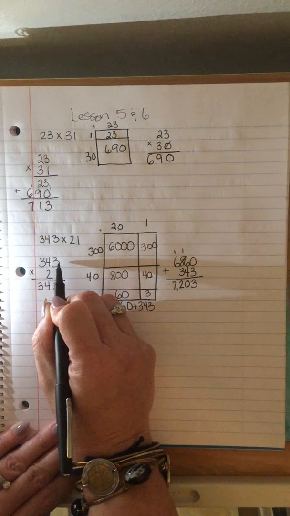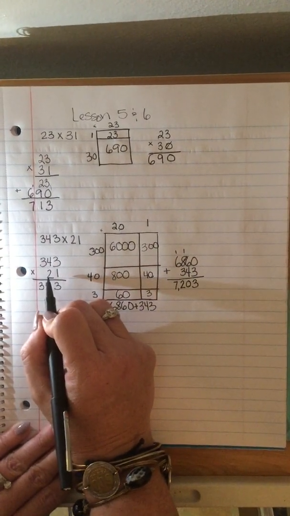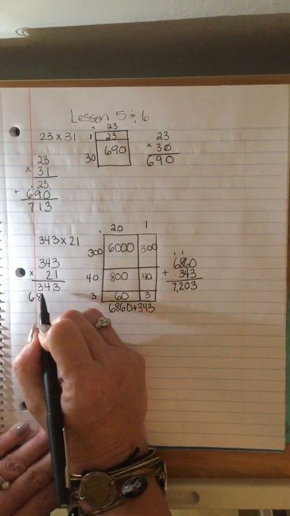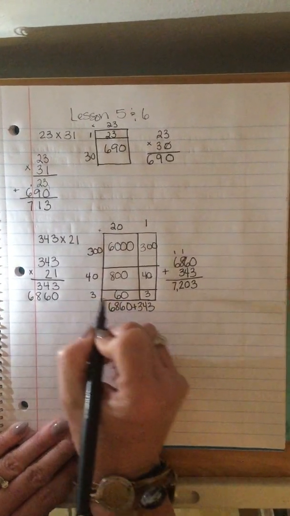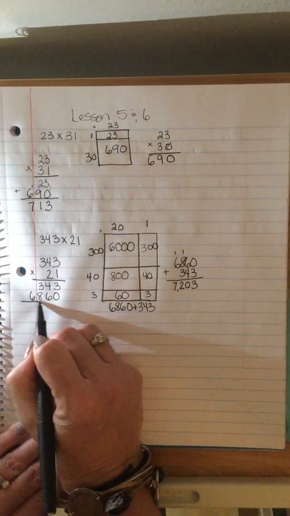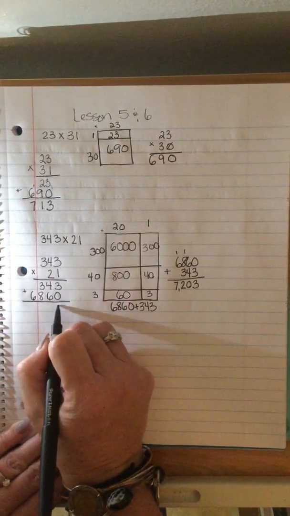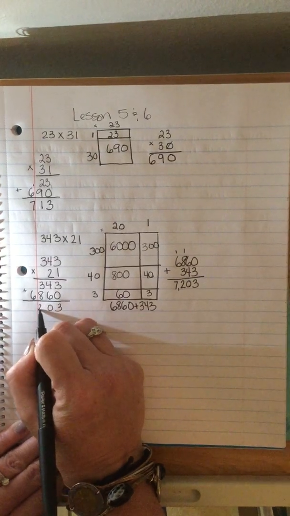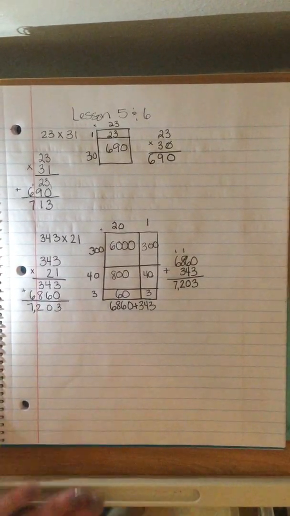And then we are multiplying 343 by 2 tens, or 21s, which actually works out to 6,860, like you see right here. And then we add them together again to get 7,203.